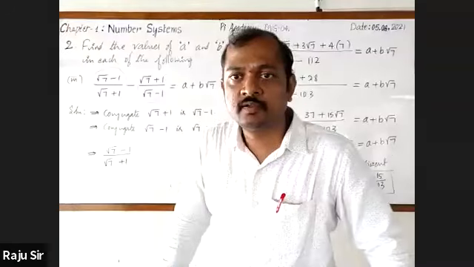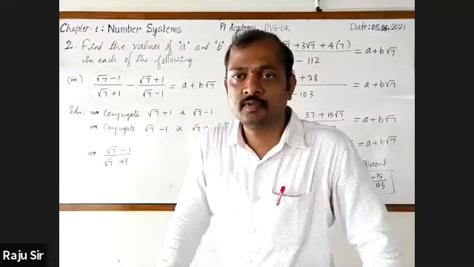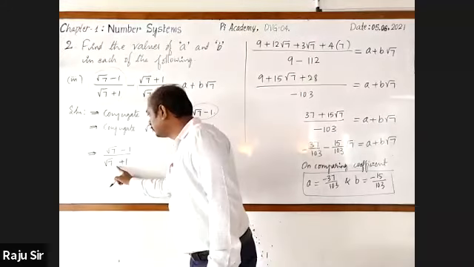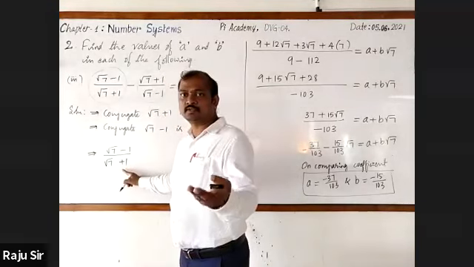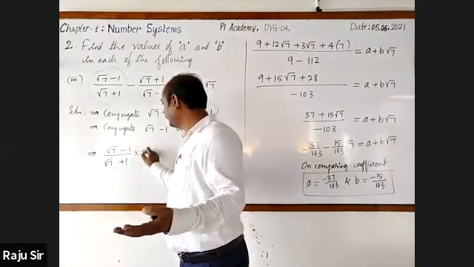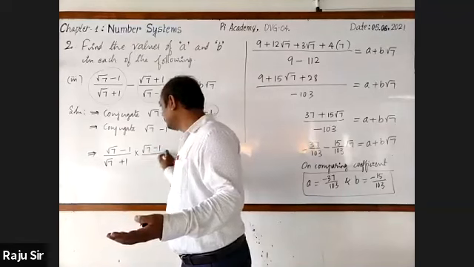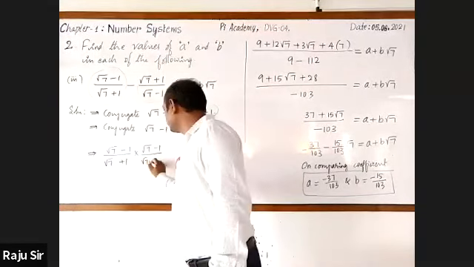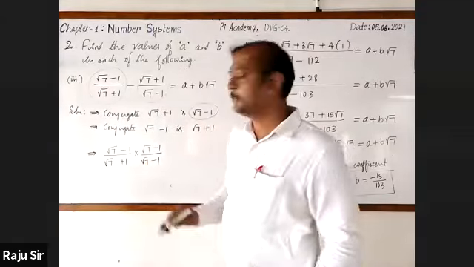Sir, we have to multiply. What should be multiplied? Root 7 minus 1, sir, with both the terms. Very good. Here the denominator root 7 plus 1 is there. Its conjugate is root 7 minus 1. We have to multiply the numerator and denominator by the conjugate.